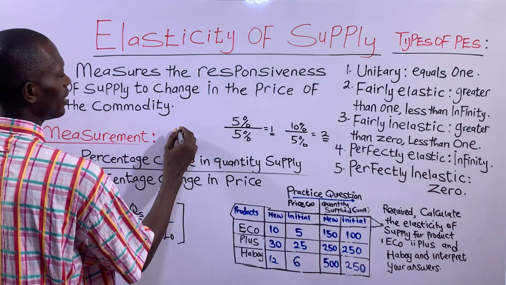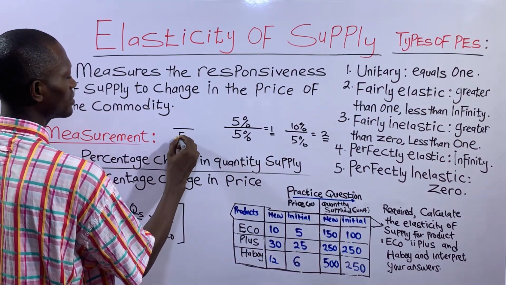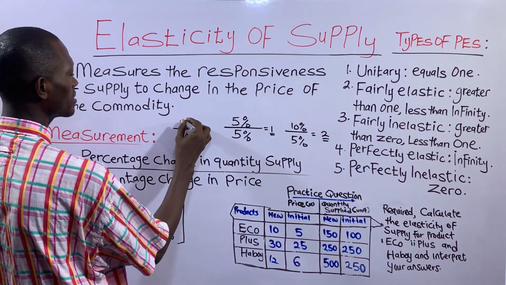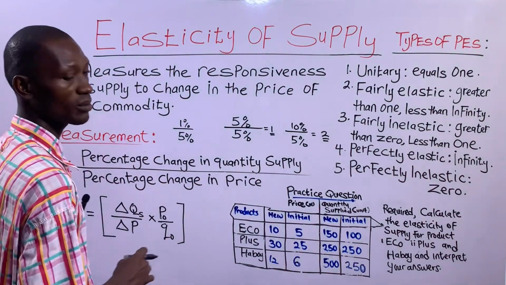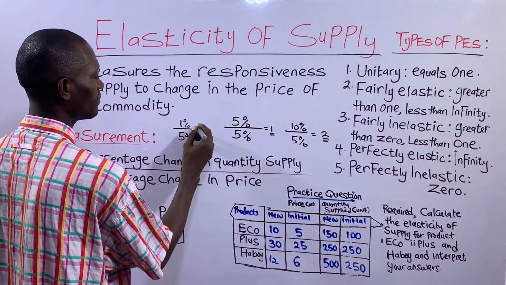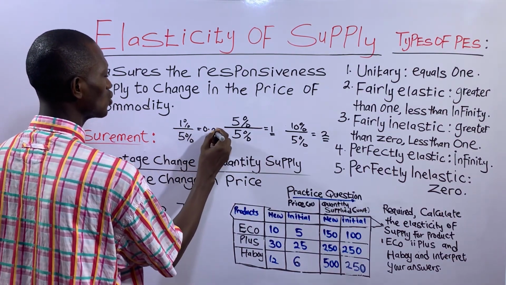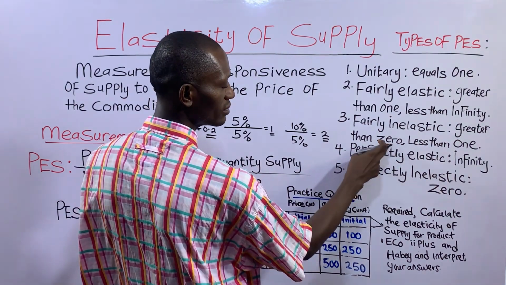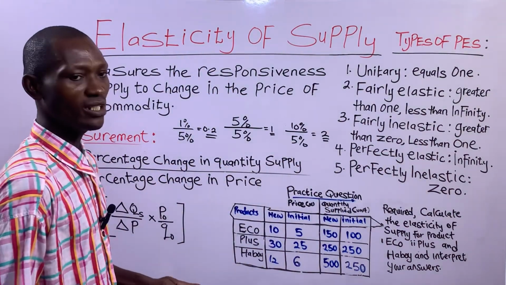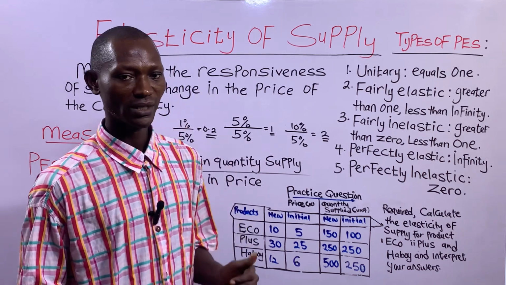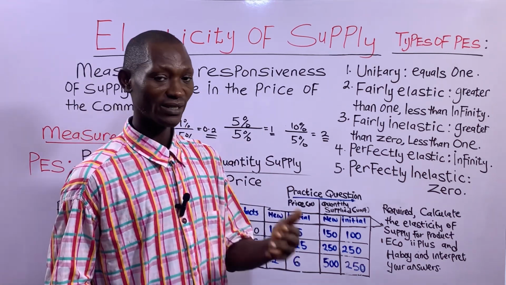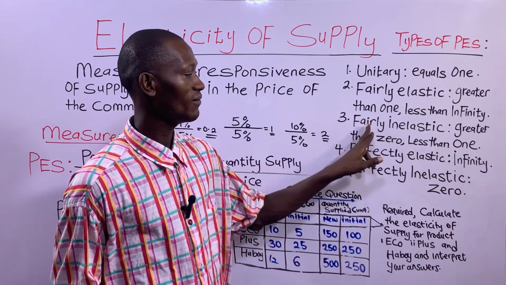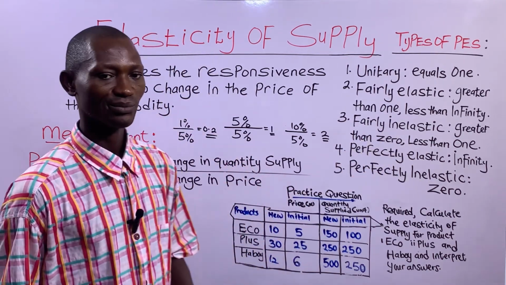So let's say price changes by 5%. Then that led to little change, let's say a 1% change in the quantity supplied of the product. So 1 divided by 5 is 0.2. So 0.2 is less than 1 but greater than 0. So any price elasticity coefficient for a particular product that is less than 1 but greater than 0 will be interpreted as fairly inelastic.